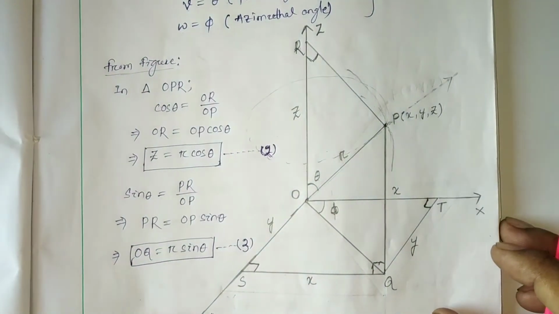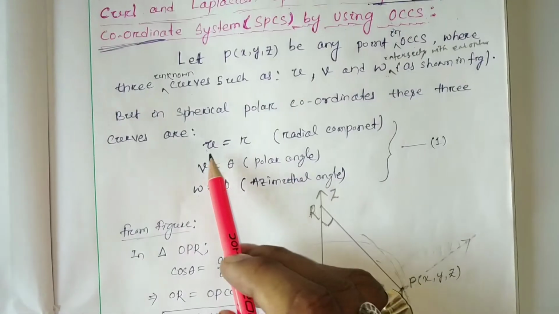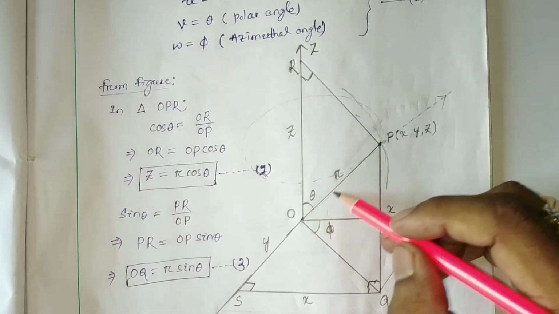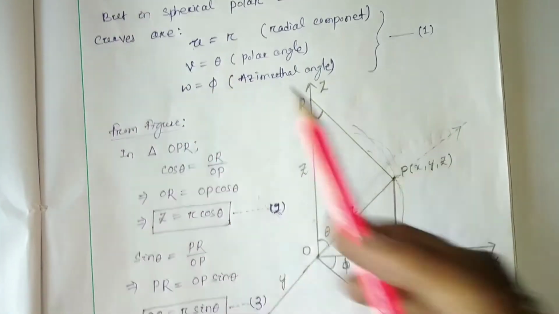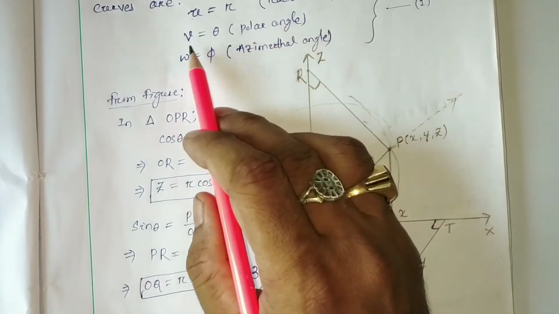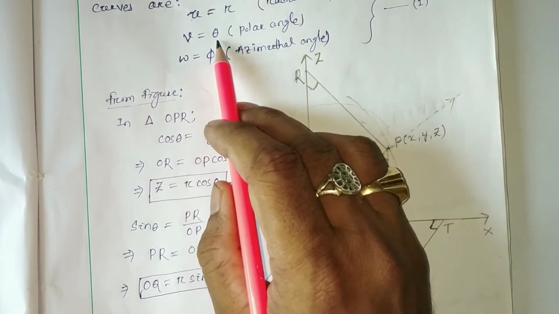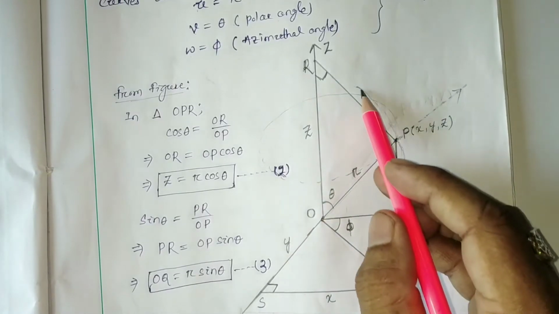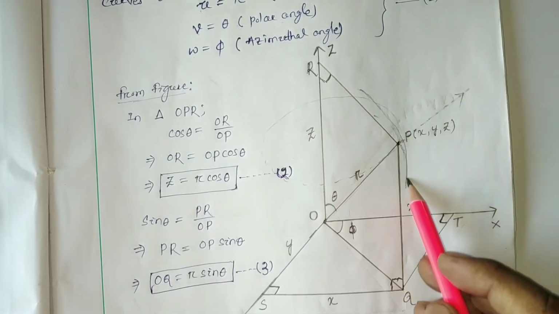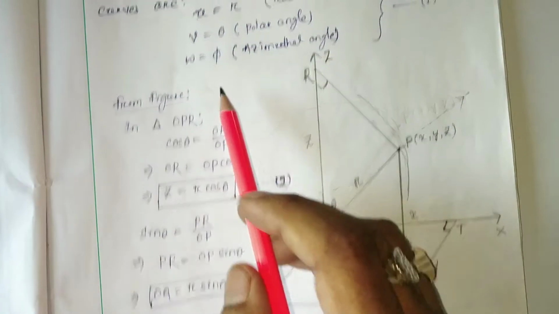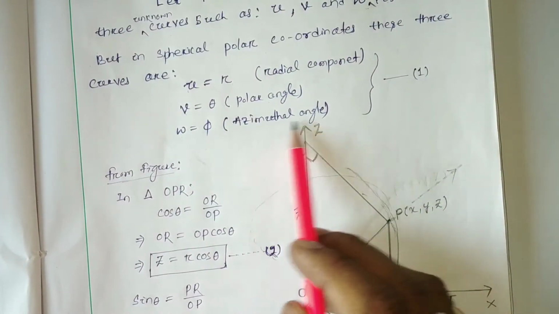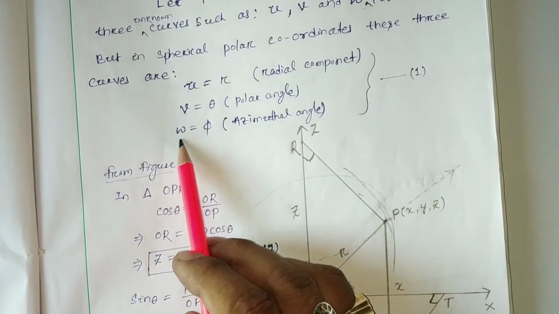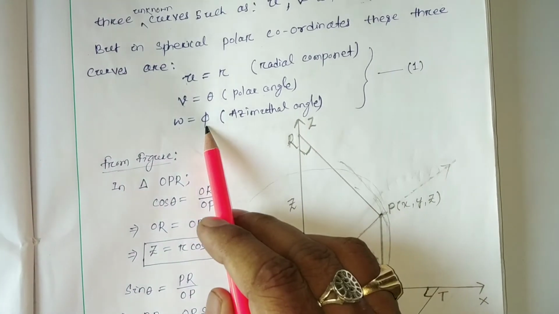So here we can consider u as the radial component, that is r, and v as the surface corresponding to the change of polar angle. That means this surface belongs to v, and another one is the change of azimuthal angle, w, which corresponds to phi in the spherical polar coordinate system.